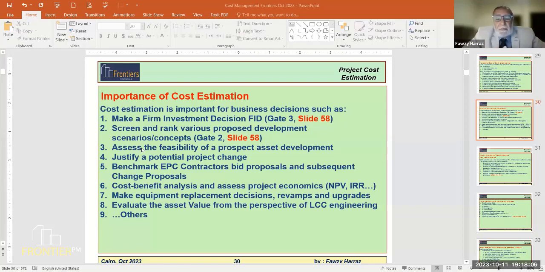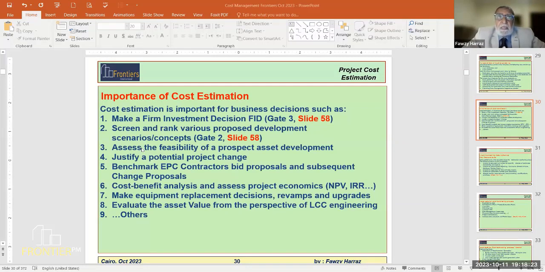That's for the management. For the professional cost estimator, the importance is to support management so that management can evaluate what we are doing. From the other aspect, it is to have a career and have a chance to work.